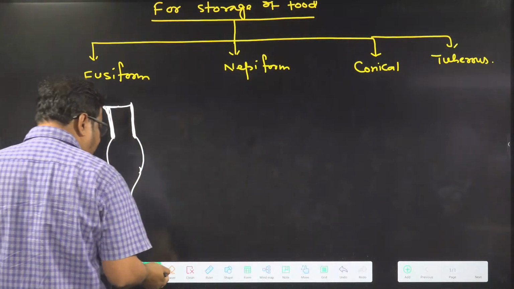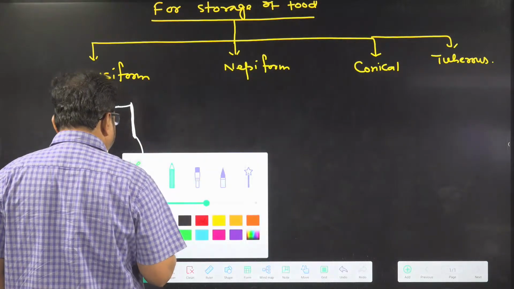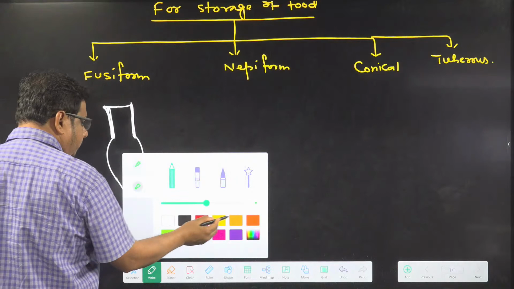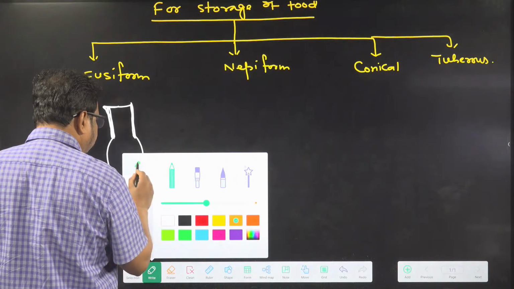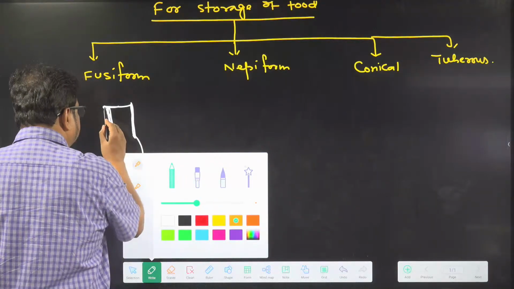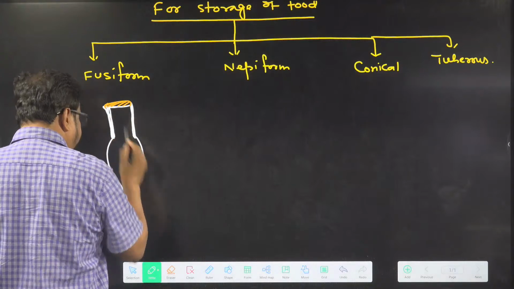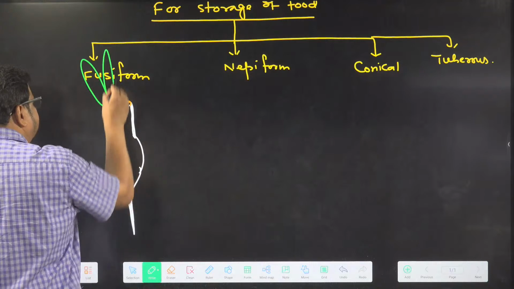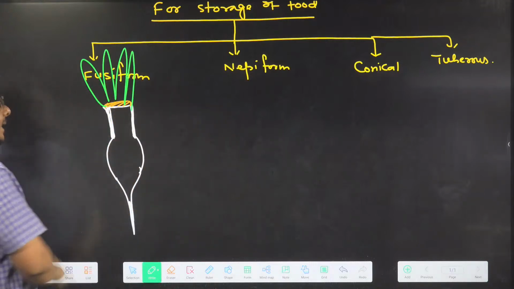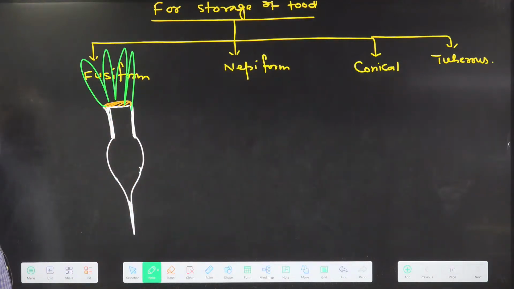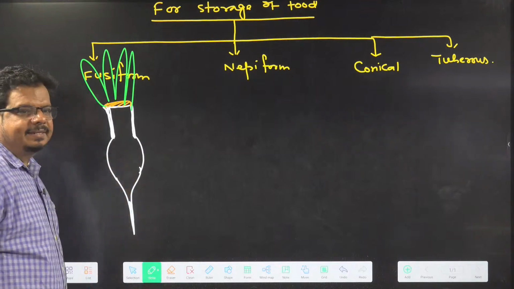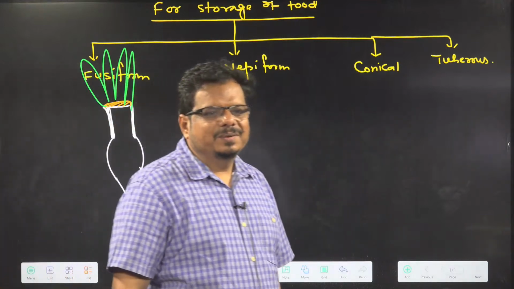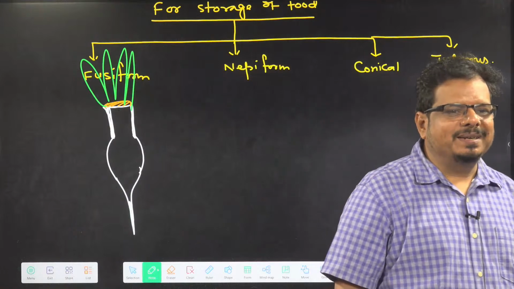Here you will find this is a stem, and here it is which one? Leaf. A disc-like stem is there, and here it is leaf. Such a condition we find in the case of fusiform. You better know what is the example of fusiform. Who will tell me?